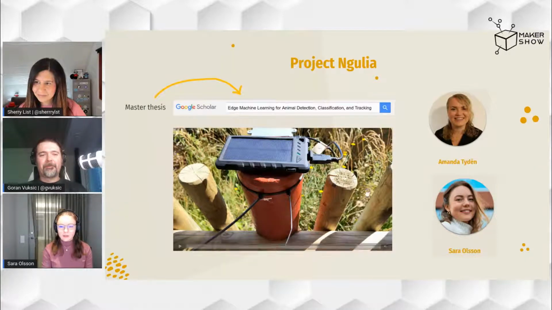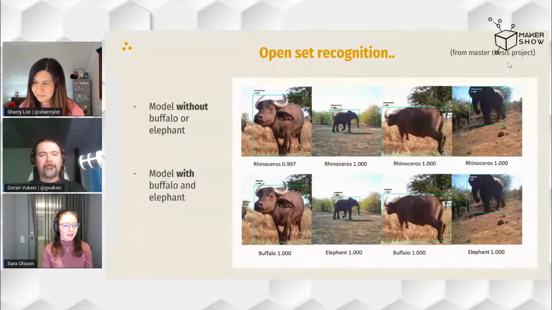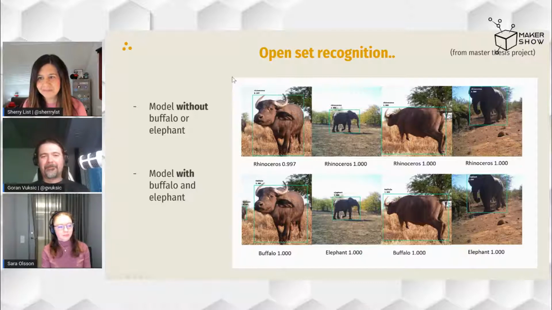And also, when speaking of this project and applying things in real life, I want to mention the open set recognition problem. If anyone has a solution for this, please reach out to me, because this is always hard when doing a classification model.